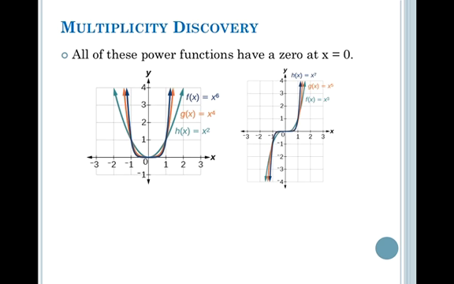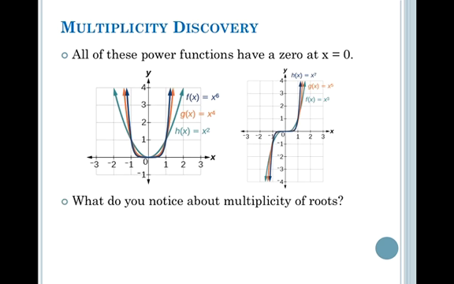So let's try to think about what's happening with the graphs. When the power is even, so when a 0 reappears an even number of times, we notice that the graph kind of rebounds at the 0. For instance, if you look at x squared, that has a double repeated 0 of 0.